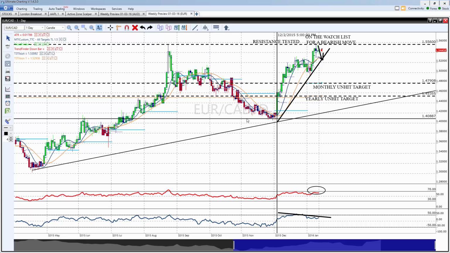Will this bounce off here and go further up, or break down from here? Monthly unhit target. Yearly unhit target. What do you mean yearly? It's already hit here. It's been hit hard. Monthly target, the one that we just began, new month.